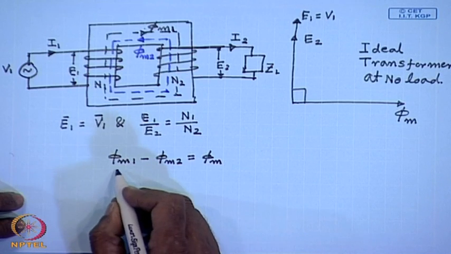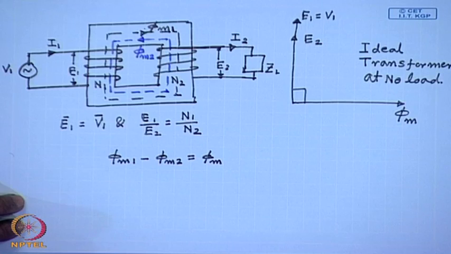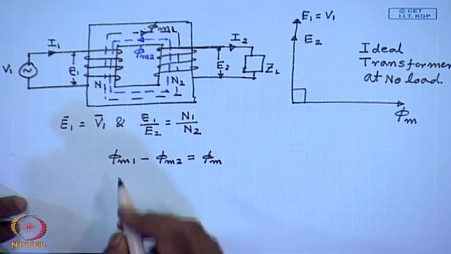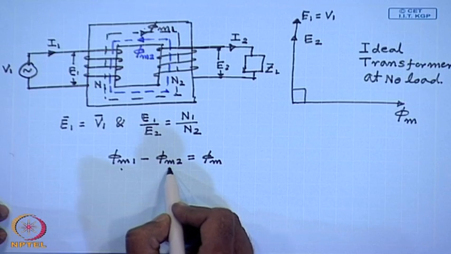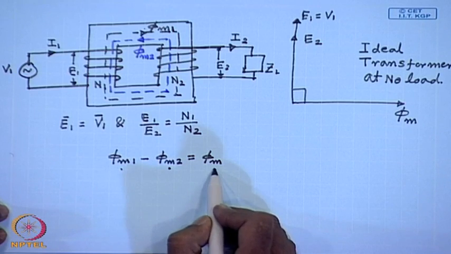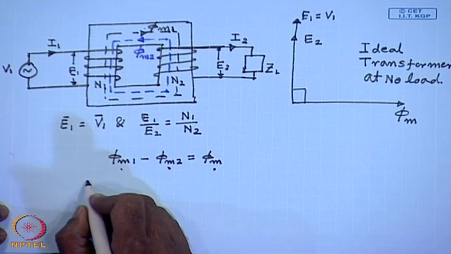Obviously, if phi m1 minus phi m2 is the same as phi m, then phi m2 is produced due to the ampere turns N2 I2.